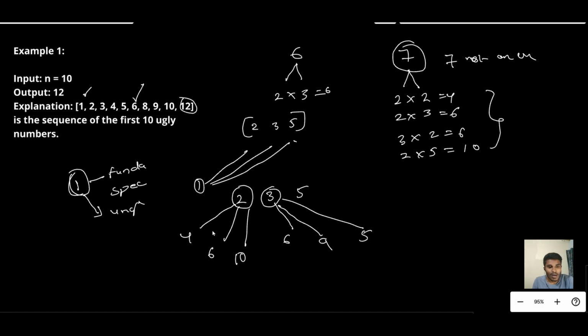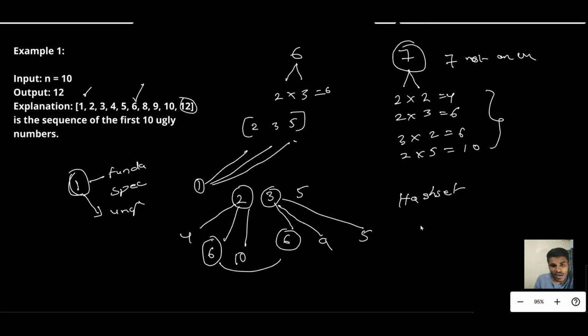Now look at this. Here we are generating 6, that is 2 threes are 6, and we are also generating 6 from 3 twos. These two are the same, so we are generating duplicates. To manage these duplicates we are using a hash set in our coding part.